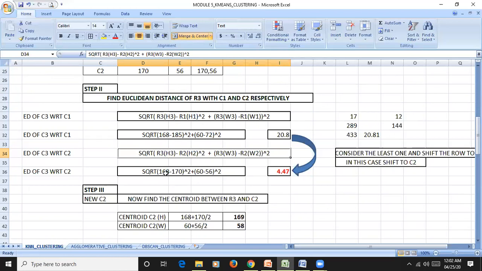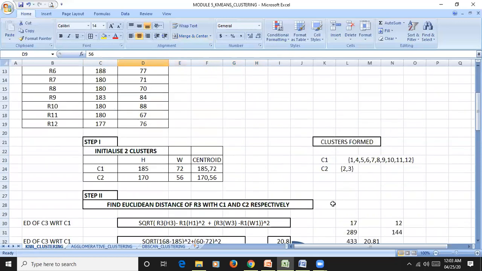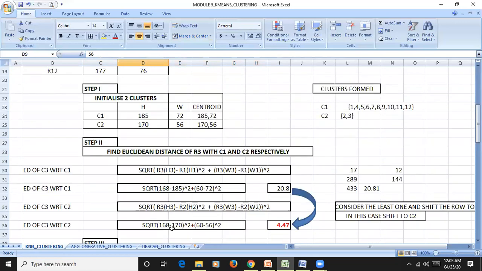Square root of 168 minus 170 the whole square plus 60 minus 56 the whole square. I'll find it as minus 2. Minus 2 the whole square is 4, plus 4 squared, 16. Square root of 16 is 4.47.